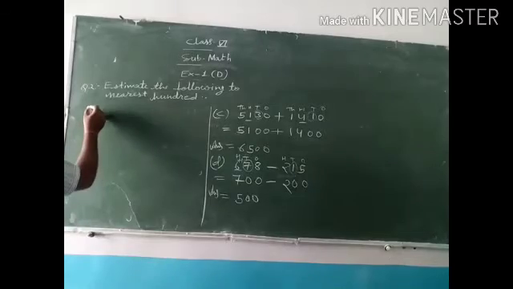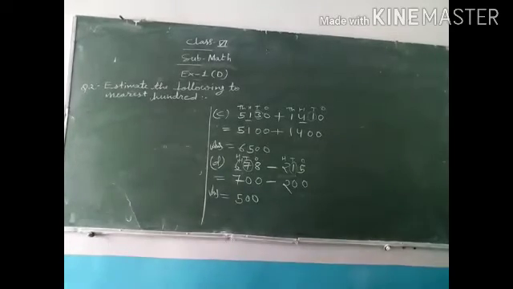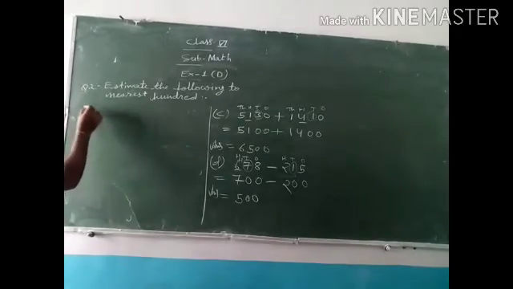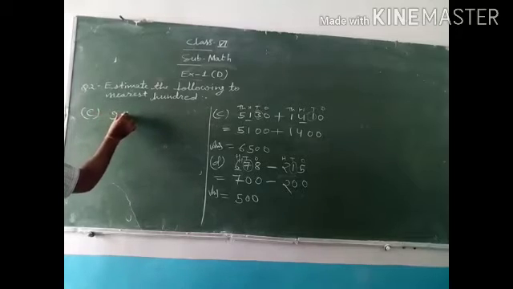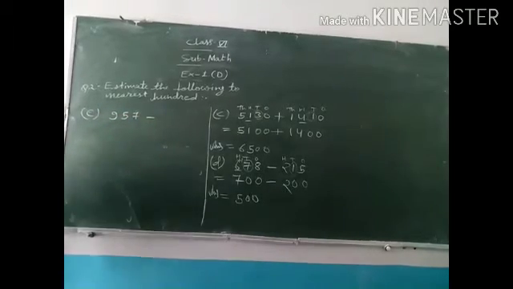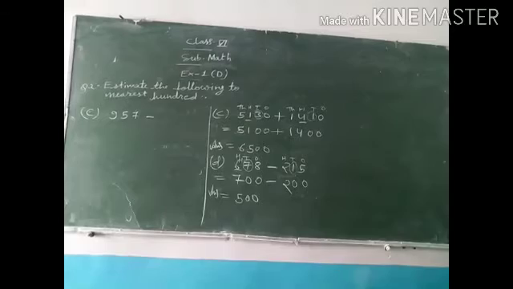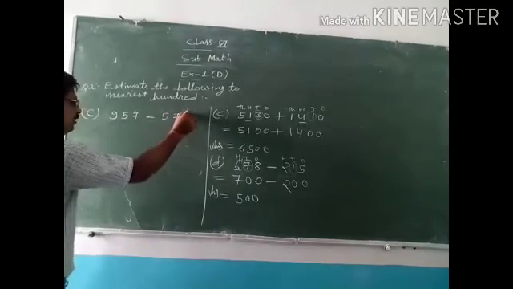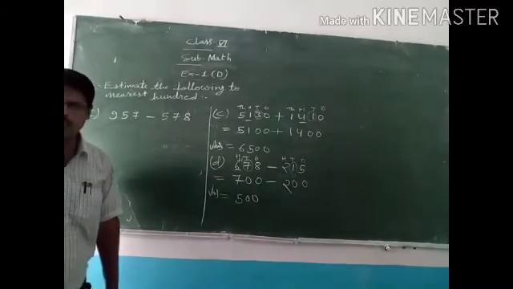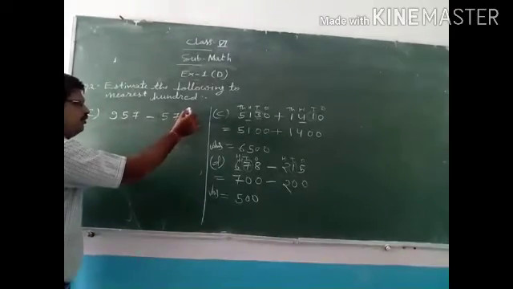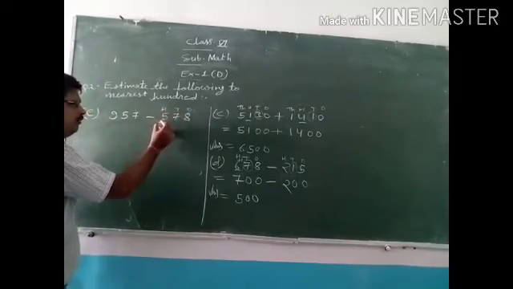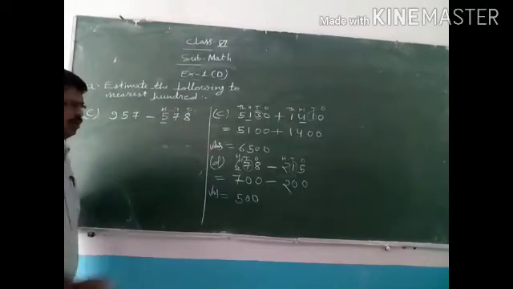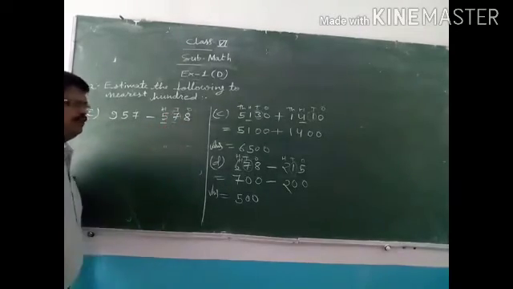So now the last part we have to solve. Okay, one more. 957 minus 578. Same method. Ones, tens, hundreds. We have to round off to the nearest 100. So we will observe tens place.